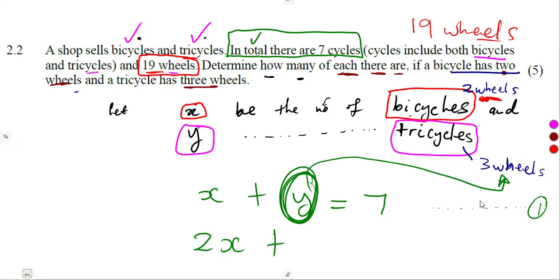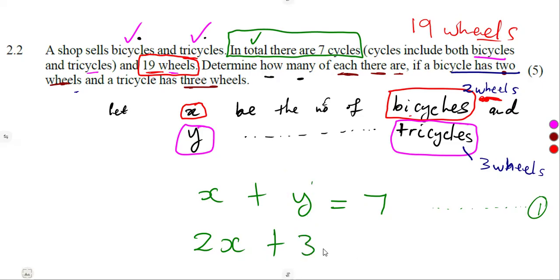So that's 3Y, the number of tricycles times the wheels on each tricycle. This is equal to the total number of wheels that we are given. We are told that the total number of wheels is 19. That's an equation, guys, that we can see there.